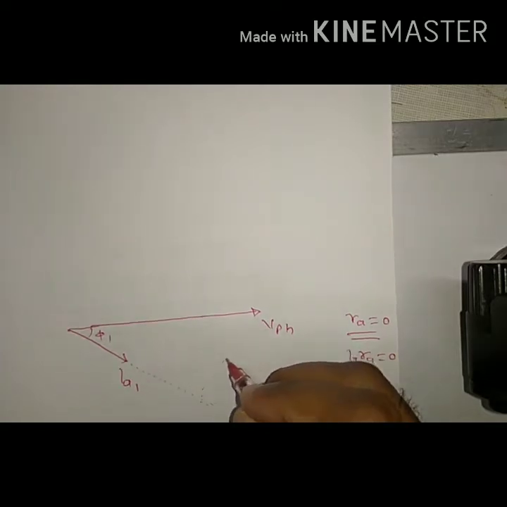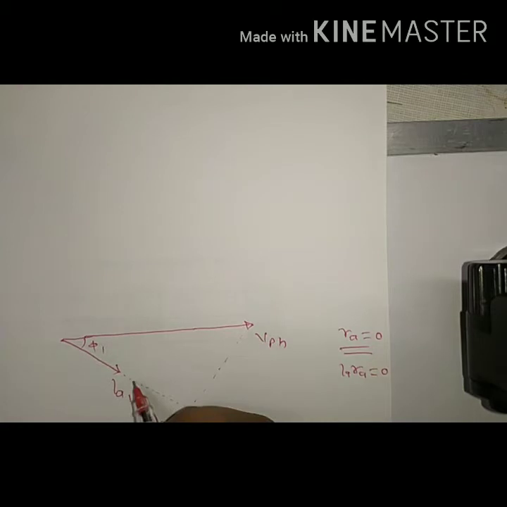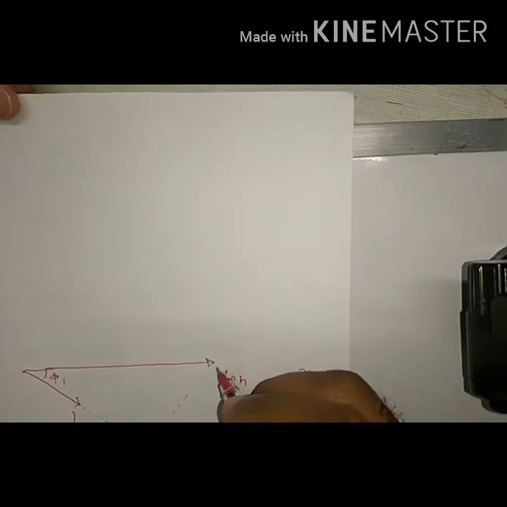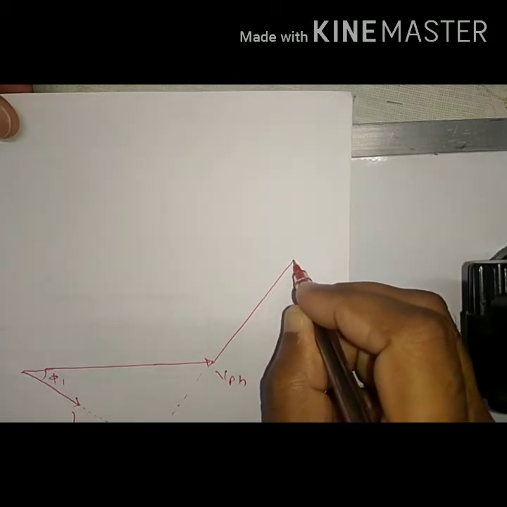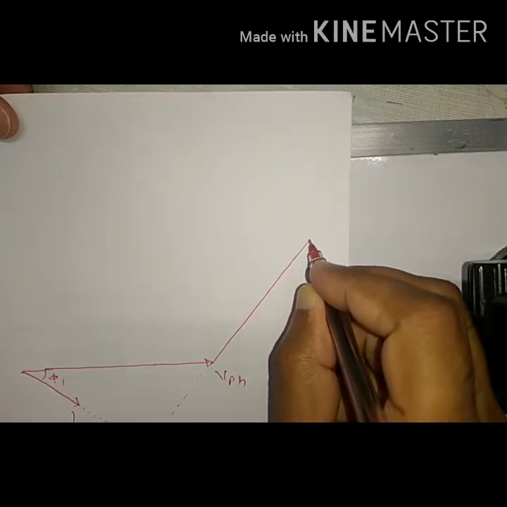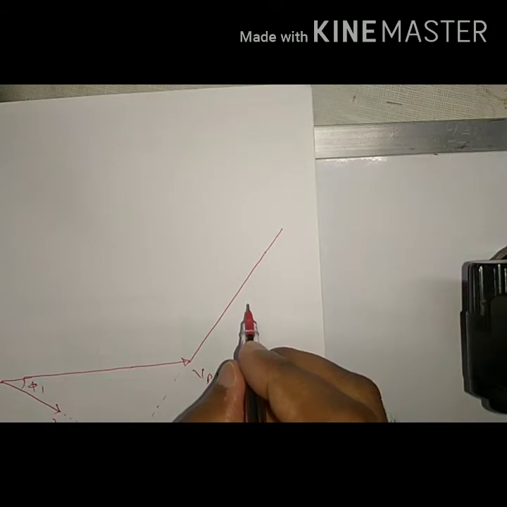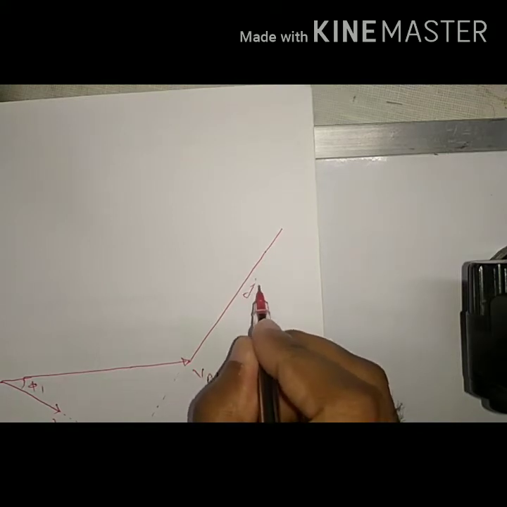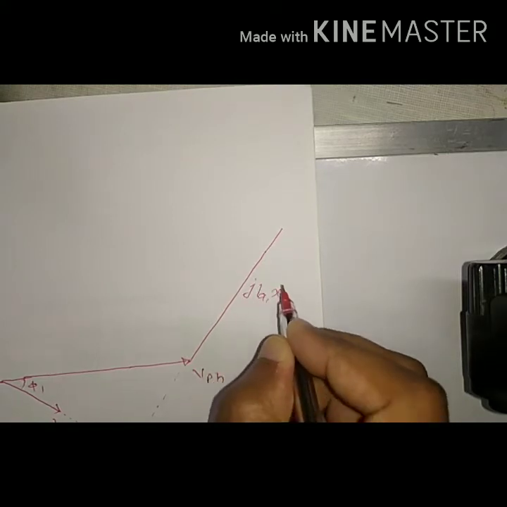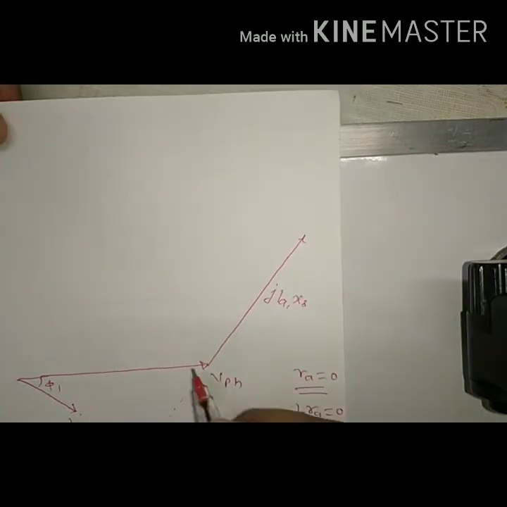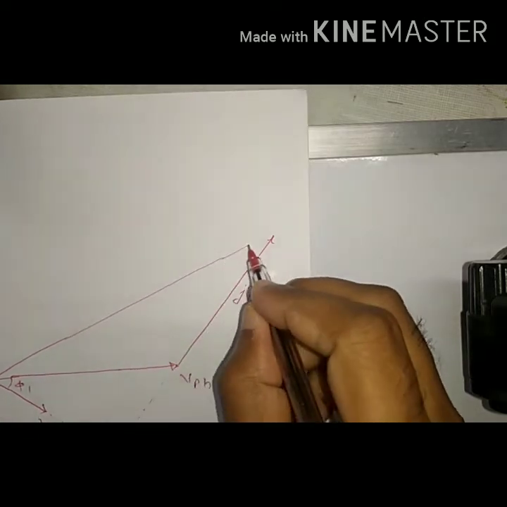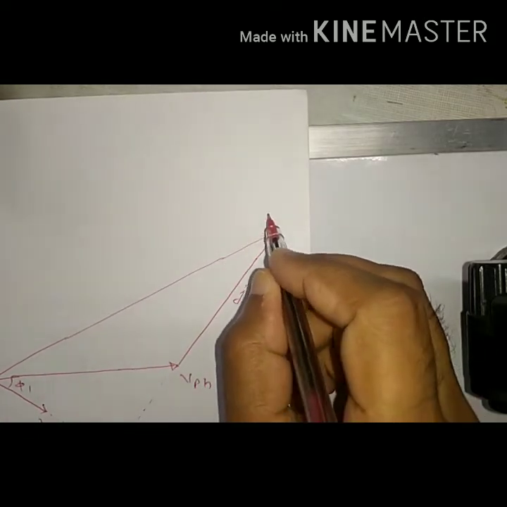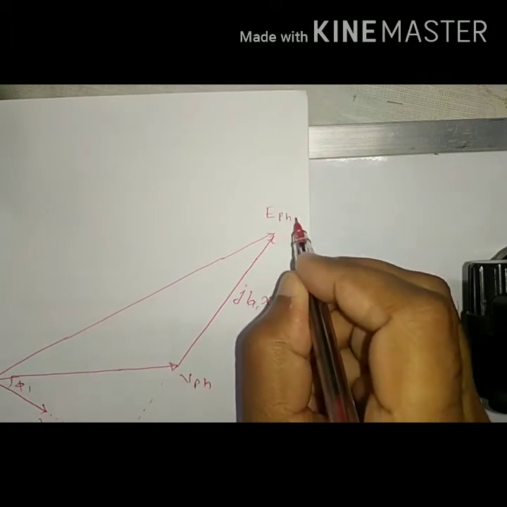So I_A X_S will be leading I_A by 90 degree. So this is j I_A1 X_S, and this phasor will give us E_PH, say E_PH1.